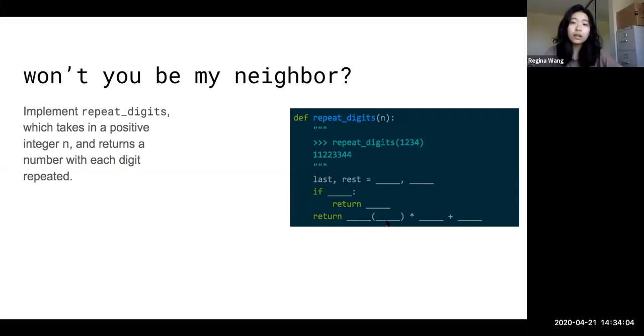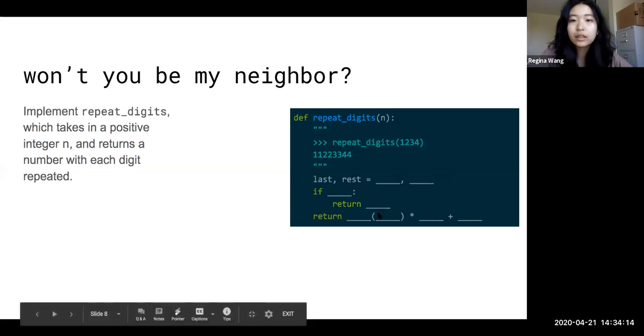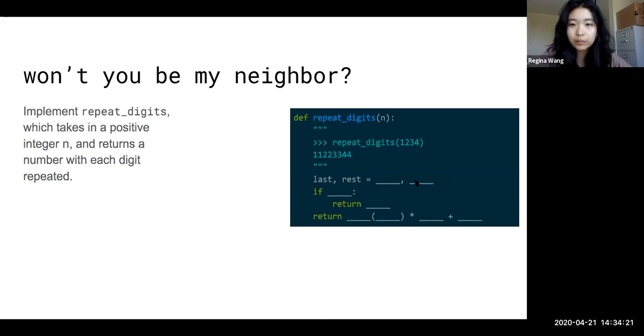Seeing a lot of blanks can make it very scary, but the blanks are actually helping you because they're giving you clues. The way I think about it is, first, you see the skeleton code, and last and rest tell you what to put here.